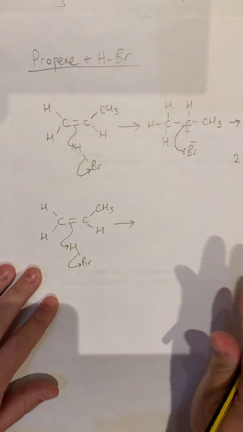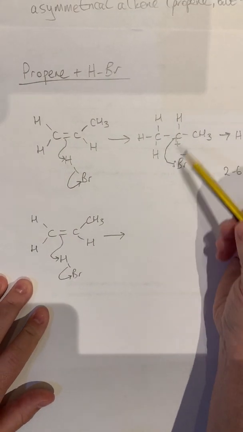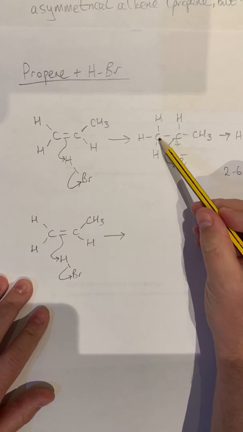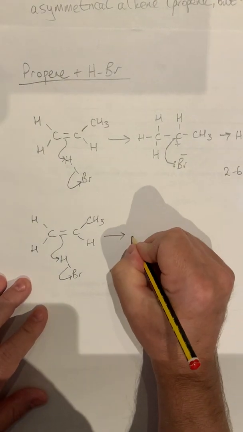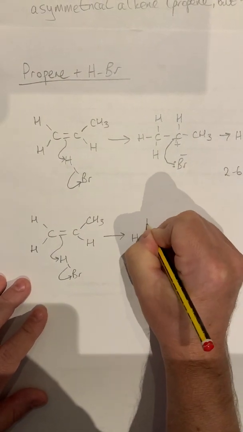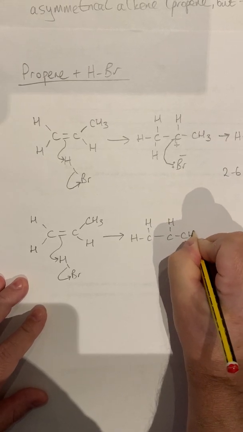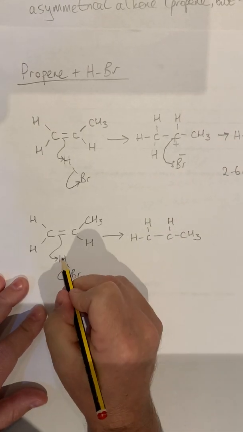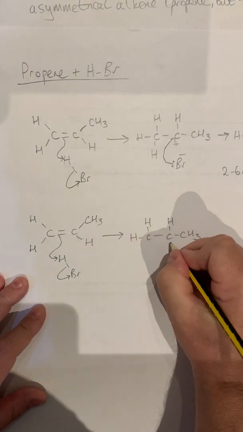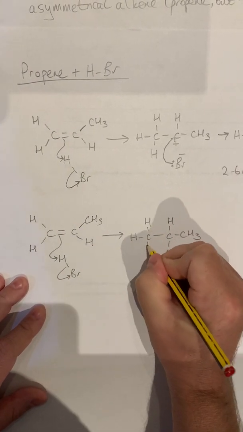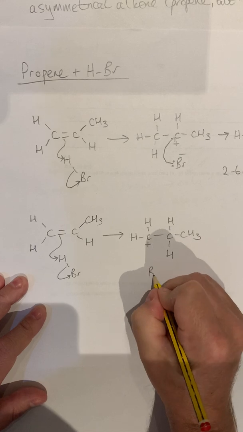And this time, instead of putting the H on that first carbon, I'm going to put the H on the second carbon. So let's just draw the flattened out starting molecule. And this time that H is going to bond onto that carbon. So the plus is on that one this time.